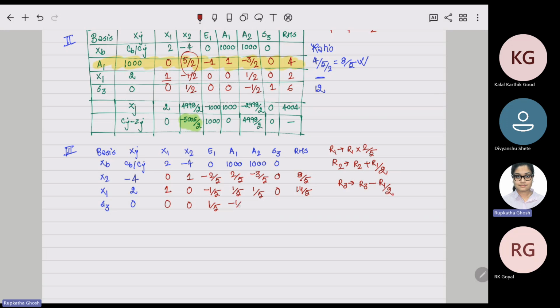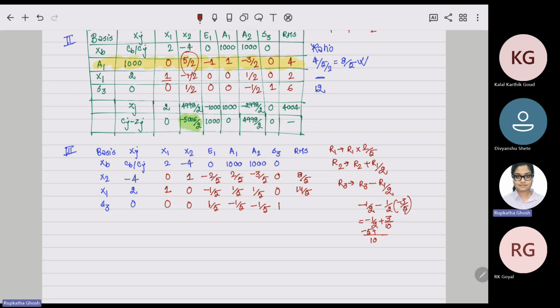So minus 1 by 5, minus half into minus 3 by 5, so minus half plus 3 by 10, minus 1 by 5. This becomes 1, minus 1.